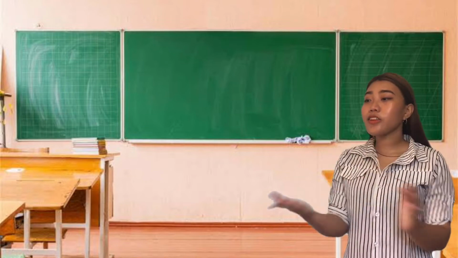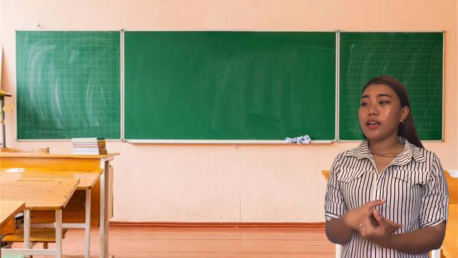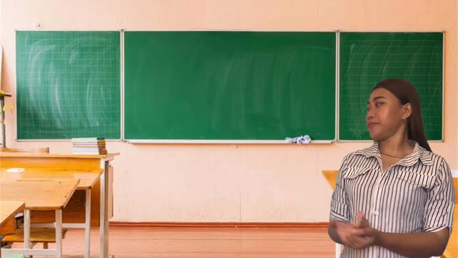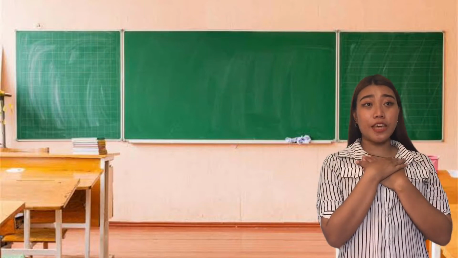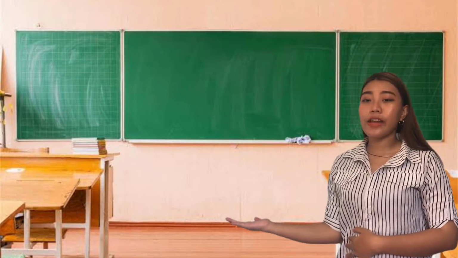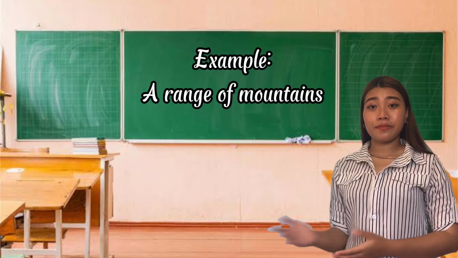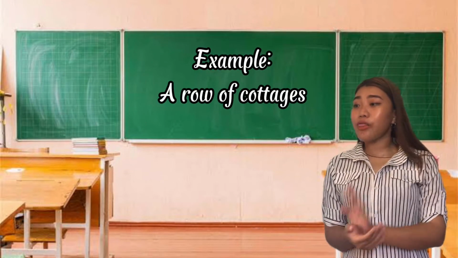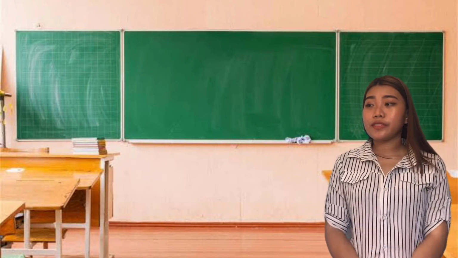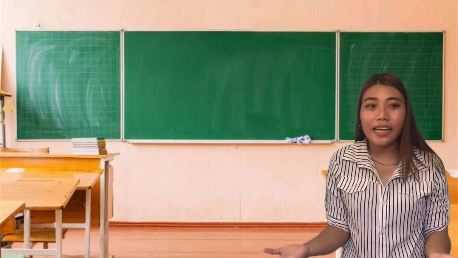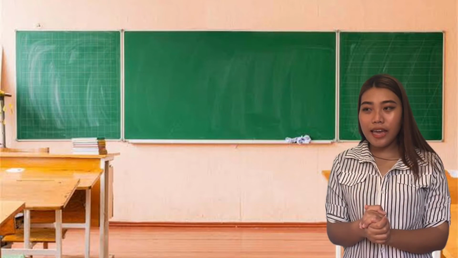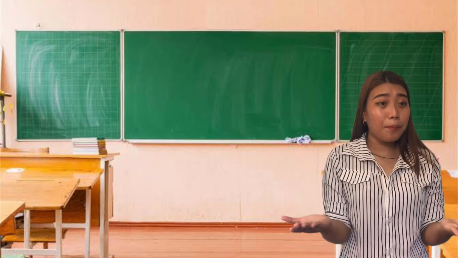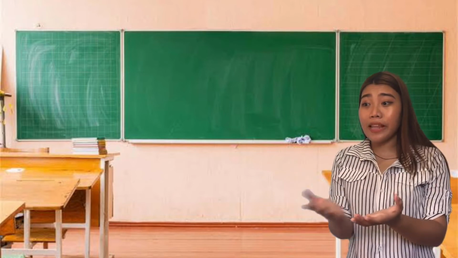So, another example is a group of places. Okay, let me first give an example. A range of mountains, right? A row of cottages. That's an example of a group of places, right, class? Okay, so can you give me another example of a group of places?